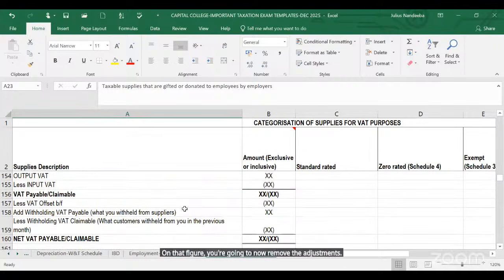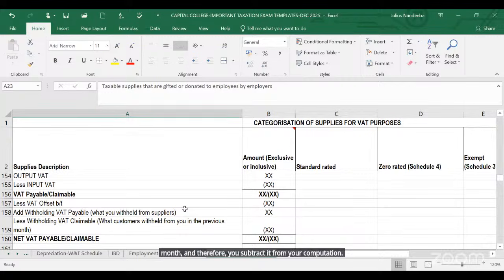The adjustments you're going to deal with, one is the VAT offset. And I tell students this is one of the free marks in VAT computation, because the VAT offset is going to be given to you as a statement. The offset from the previous month becomes credit in the current month, and therefore you subtract it from your computation.